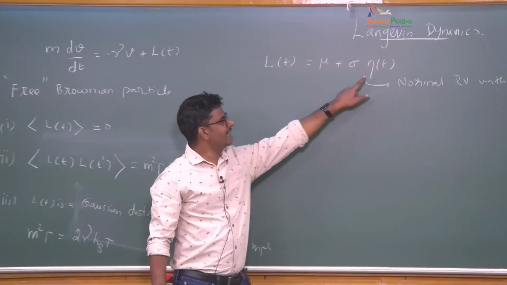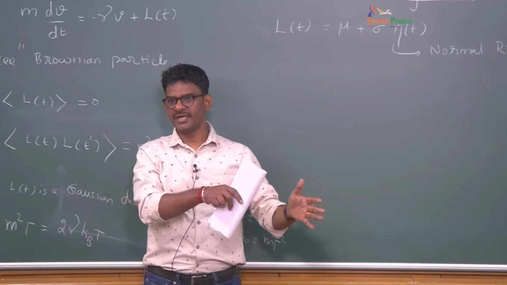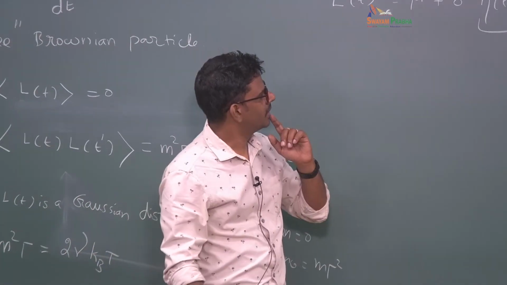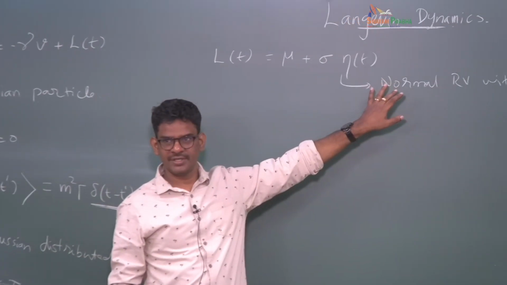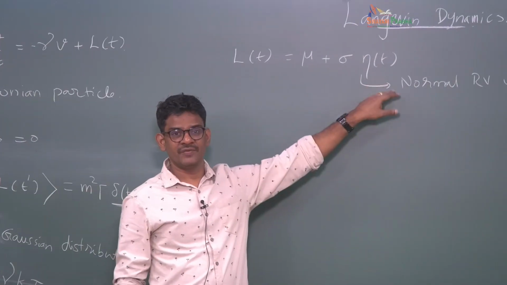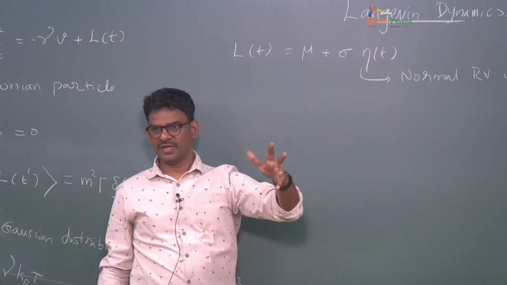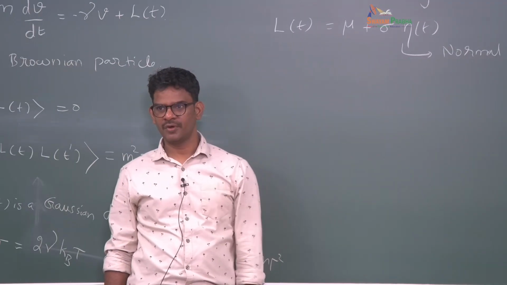This value will range from minus infinity to plus infinity, normally distributed with a variance of 1 and mean of 0. This is something we can generate based on the numerical algorithm we discussed before, the Box-Muller algorithm, the polar method that we talked about.